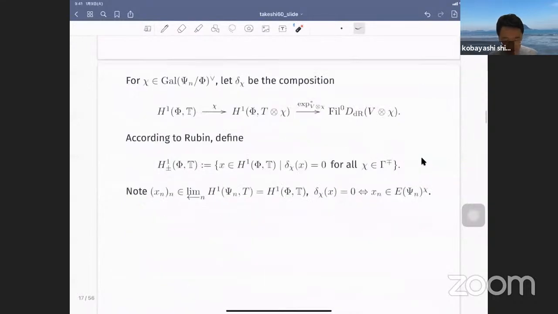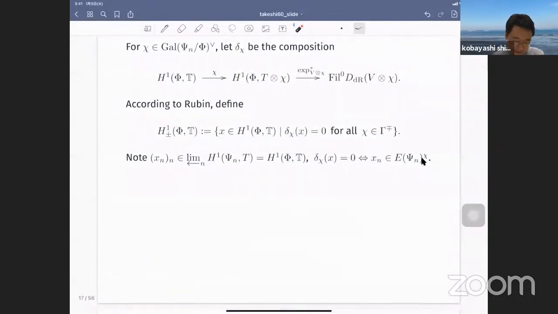And according to Rubin, we define some subgroups H¹^± of big T. This is actually Iwasawa homology, by Shapiro's lemma. We define H¹⁺ as the elements x whose image by the dual exponential map is 0 for χ in Γ⁻. So the sign is different.